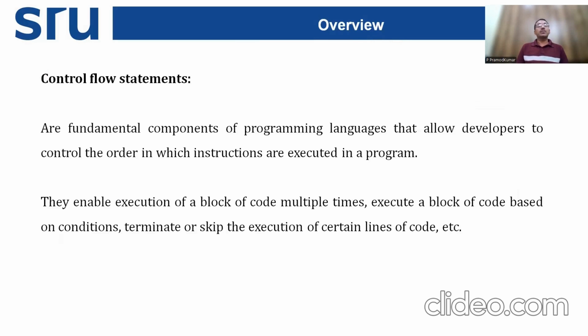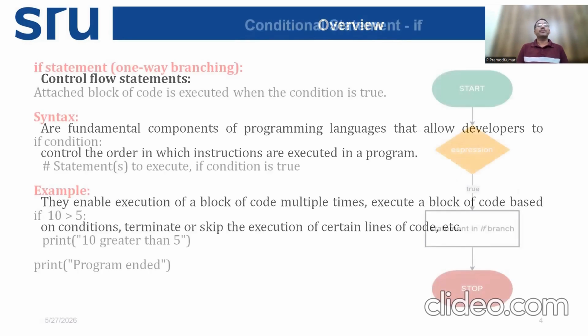These control statements enable execution of a block of code multiple times, execution of a block of code based on conditions, and even termination or skipping of the execution of certain lines of code. So these are the places where control statements are utilized while developing a program.